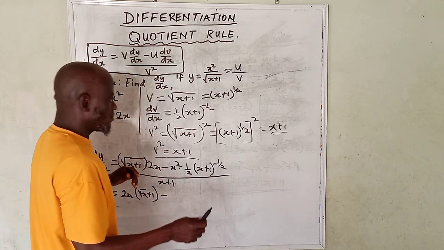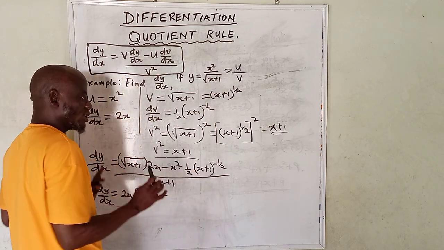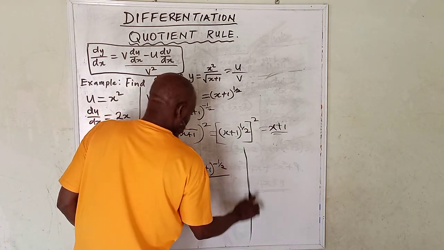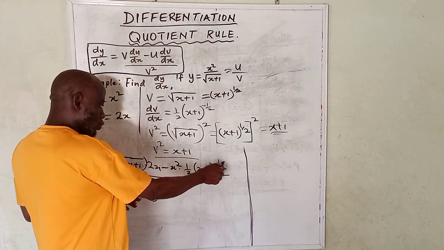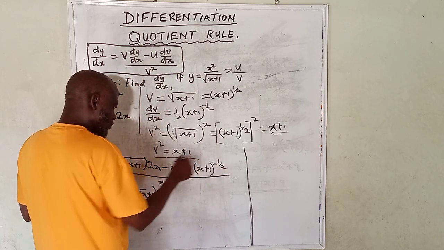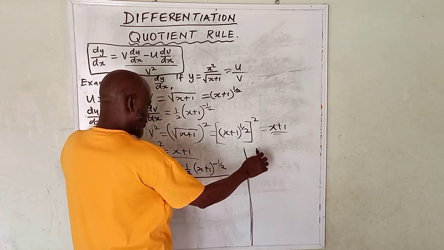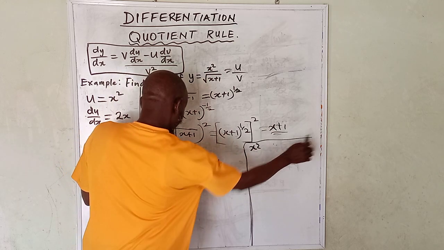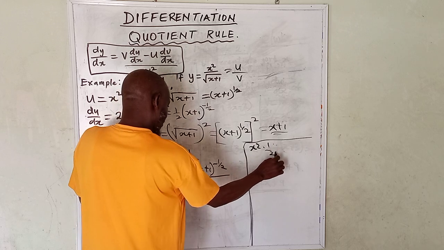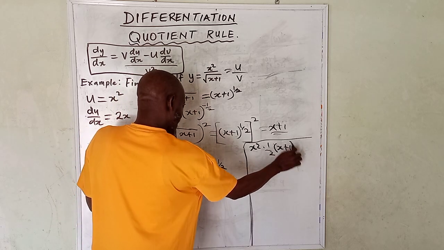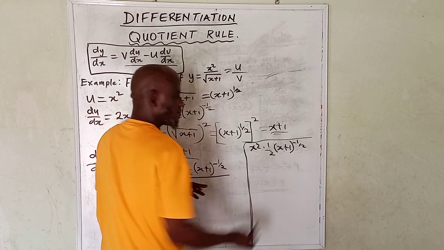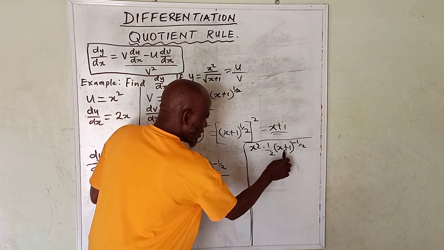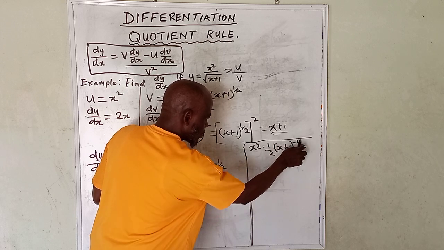Let's go to one corner and simplify this so that you will not be confused, and you will not continue writing too lengthy. Let's come to one corner of our book. I want to simplify this function a little bit. So we have s squared dot half into x plus 1 raised to power minus half. Yes, this can be rewritten as this function, s plus 1 raised to power minus half.